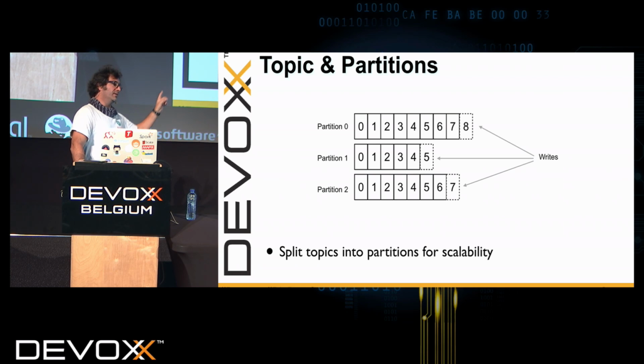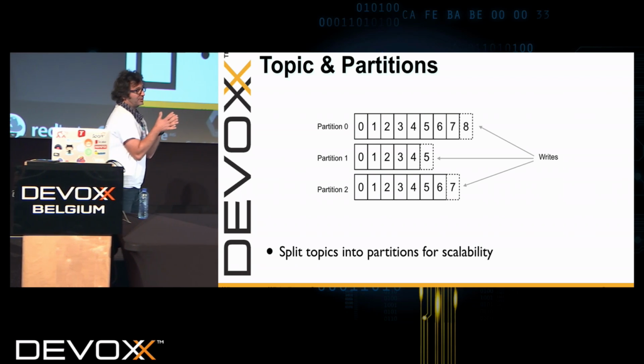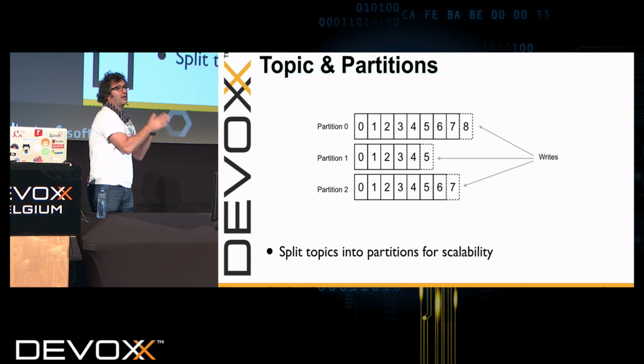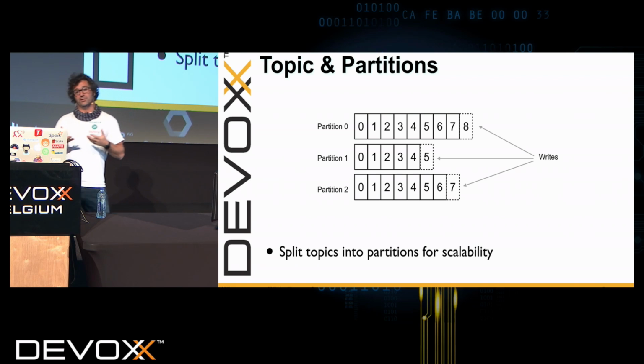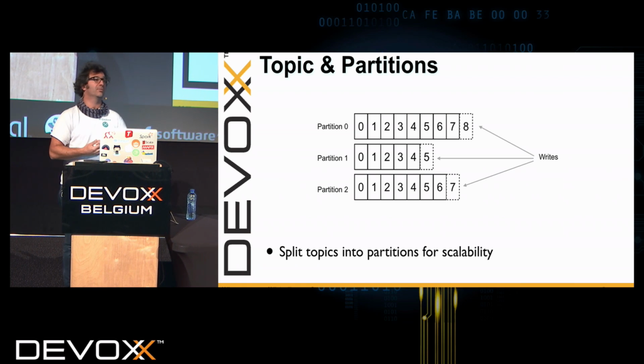The challenge here, and this is the most important part to understand about Kafka on partitions, is that the order is guaranteed by the system, but only per partition.